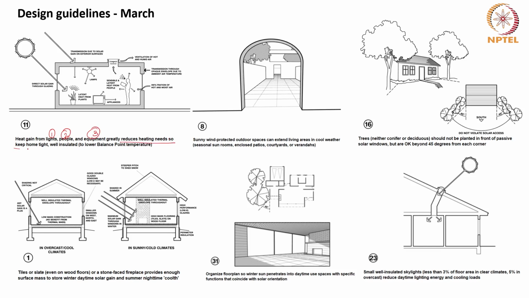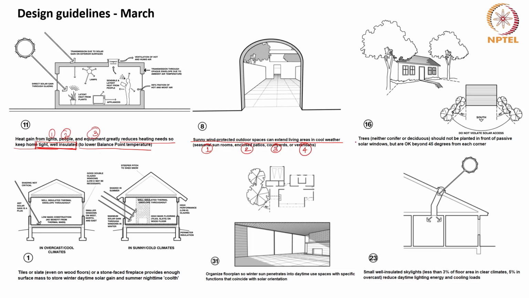So, keep the home tight, well insulated so that it can lower the balance point temperature. Sunny, wind protected outdoor spaces can extend living areas in cool weather by having seasonal sunrooms, enclosed patios, courtyards, or verandas.